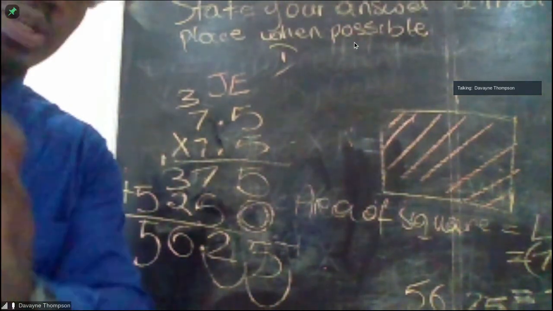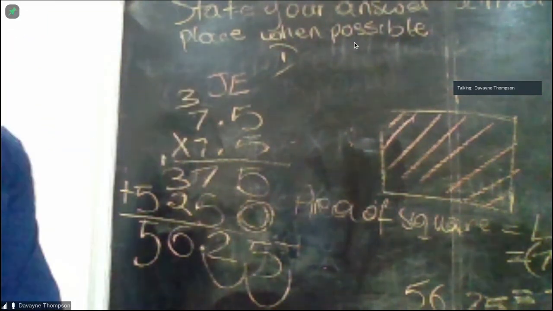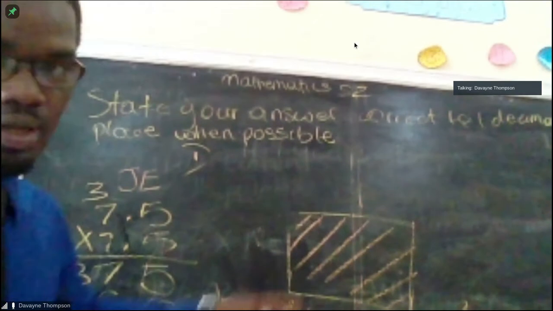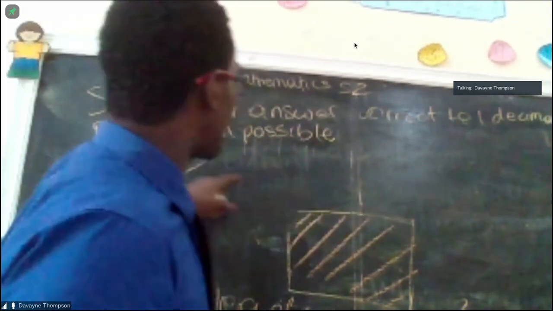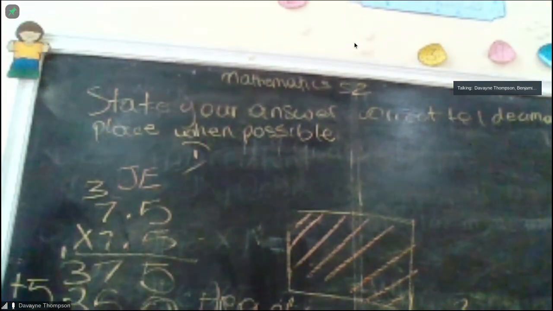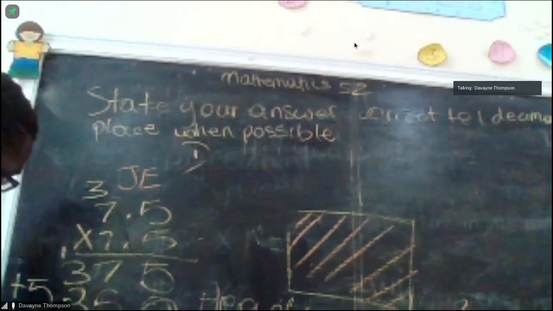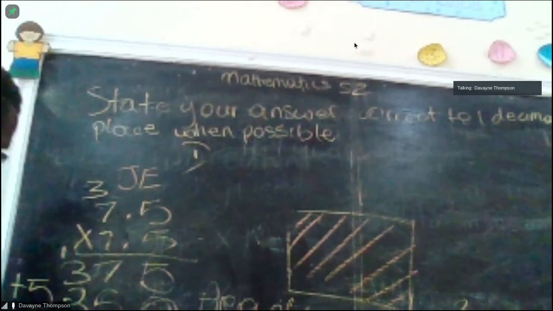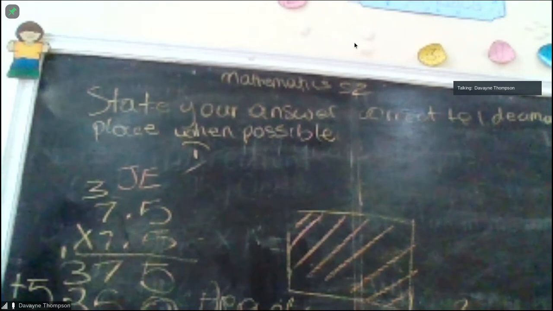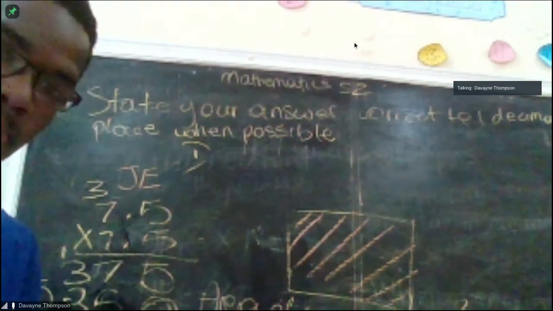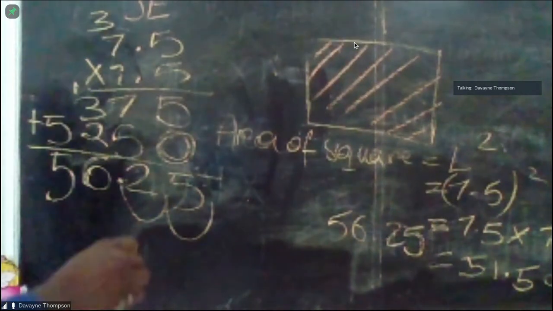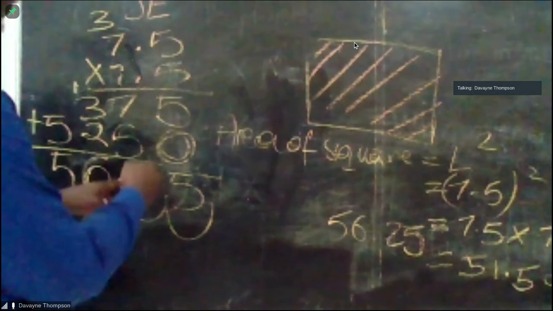But Isabel, you said you have to round it off. If you look at the instruction, it says to 1 decimal place when possible. What would be the answer there for Isabella? 56.3. 56.3 what? Centimeters squared. Right. You look at the 2, that's the first decimal point.